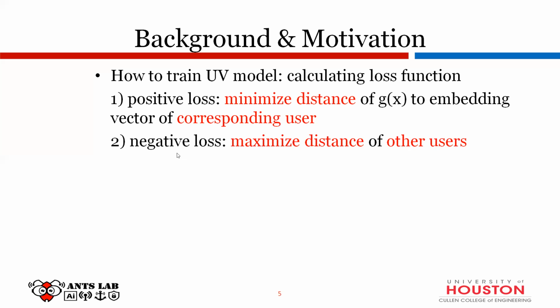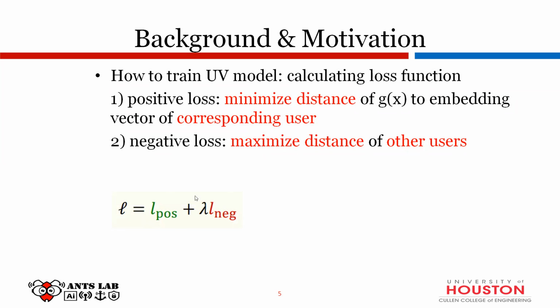It's basically the same concept as what we mentioned on the last slide. We want to train this model so that the output is close to its corresponding user and far away from other users, to make the classification more accurate.